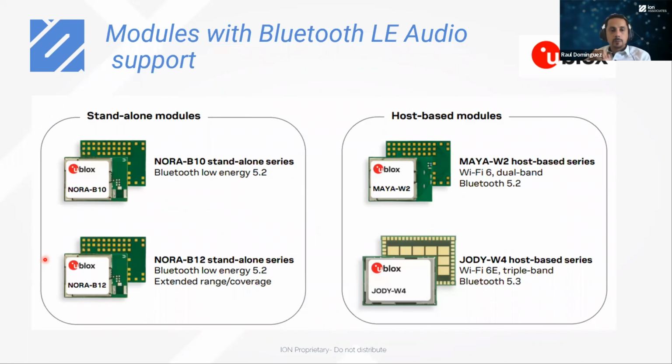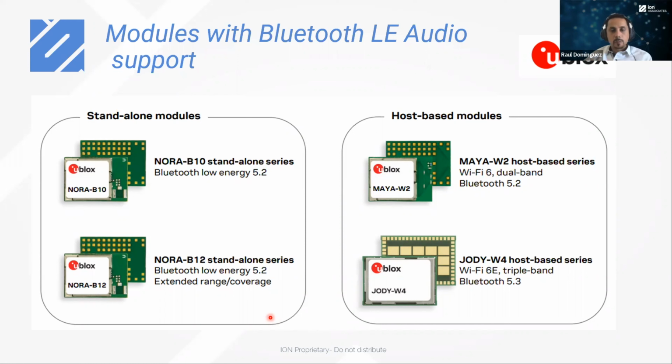With Bluetooth, we have these modules. Some are standalone, some are host-based, where you can implement Bluetooth audio. Standalone modules have a microcontroller inside, so you can do the functioning there. They are dual core modules, and you can implement Bluetooth Low Energy, including BLE audio.